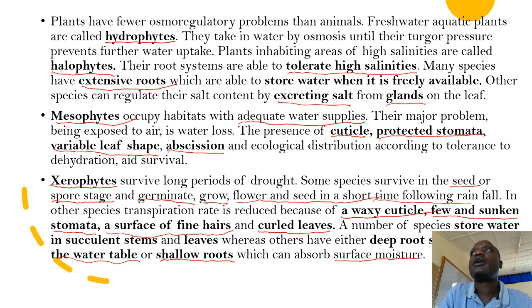There is always a question about homeostasis in plants. This goes with different environments and how these plants survive. So that's why you have to pay much attention to all this. Okay.